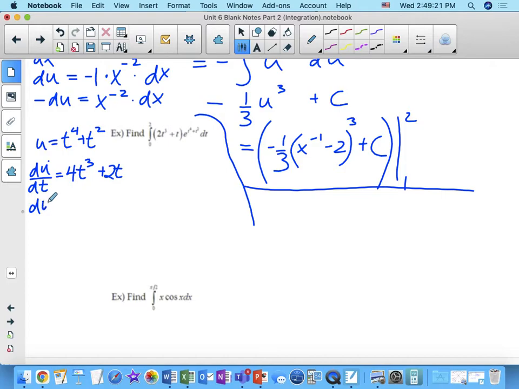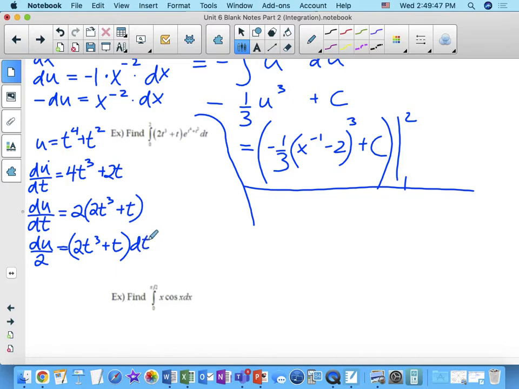So we're going to get du by dt equals 2 times 2t cubed plus t. And then we need to multiply by dt, divide by 2, right? So we're going to get du over 2 equals 2t cubed plus t dt. And now we can do all the substituting we need to do.